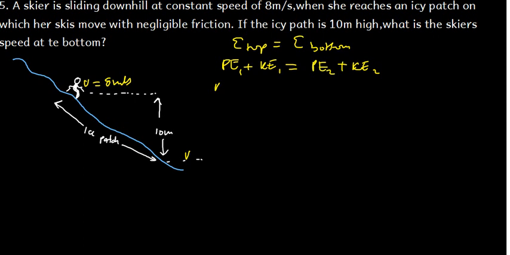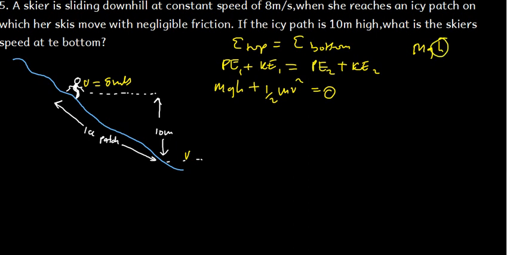Now on top, we can first write the formulas. Potential energy is given by mgh, plus kinetic energy, which is given by half mv squared. But at the bottom, this person is still moving, so the person hasn't stopped moving, and the potential energy is 0. Potential energy is given by mgh, and this is the point we are using to find the height, so at the bottom the height is 0.